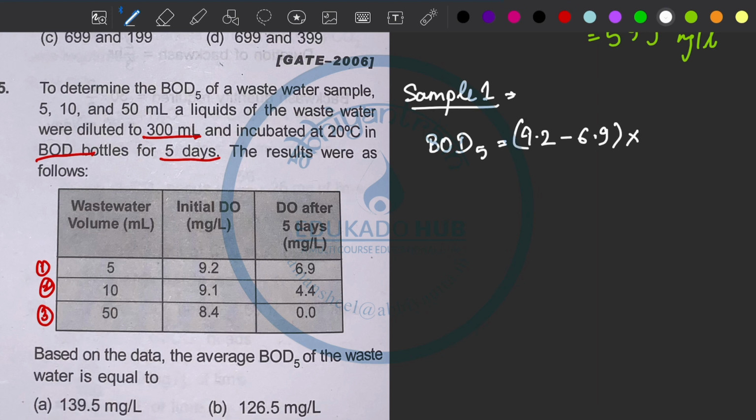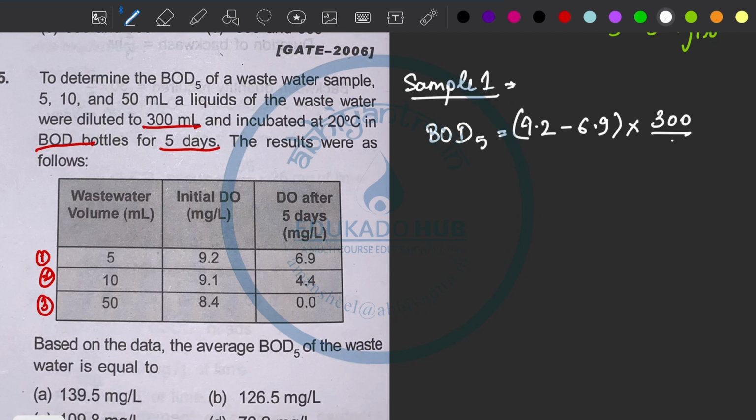Dilution factor will be the total diluted volume upon the volume of the water that is diluted. So it is 5, right? After calculating, it comes to be 138 milligram per liter.